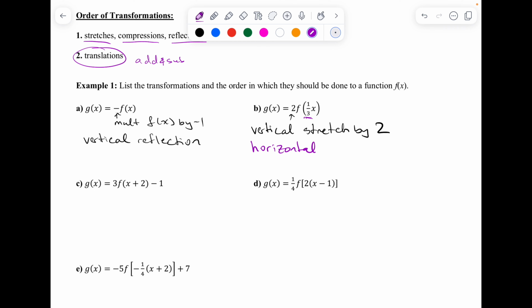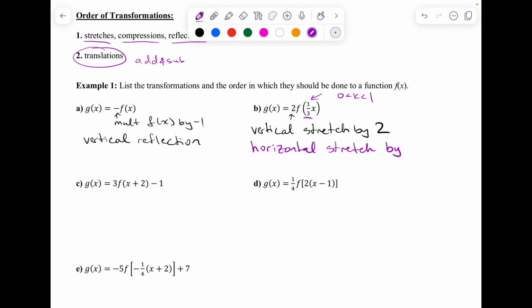In this case, this value is between 0 and 1, right? So if it's between 0 and 1, that means it's a horizontal stretch. So remember, horizontal things are opposite of what they look. It feels like it should be making it smaller, or it should be a compression, but it's opposite. So it's a stretch.